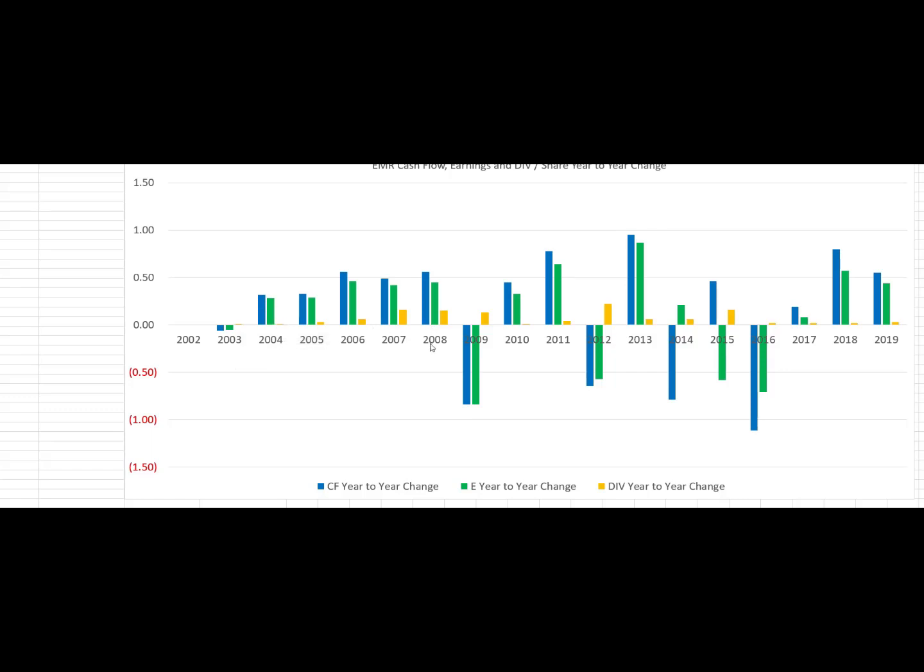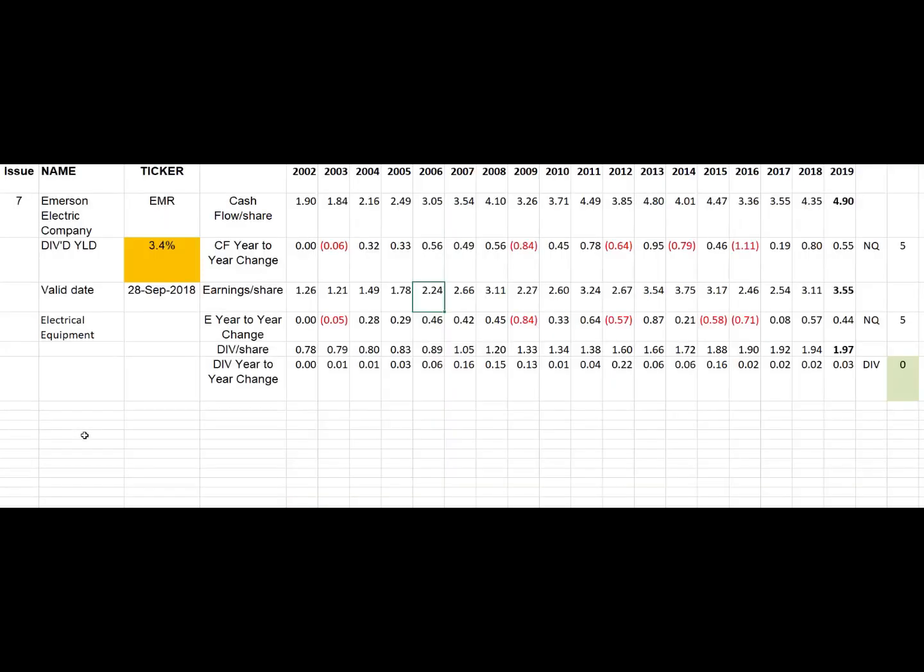They remained positive all the way out to the 2008 to 2009 when cash flow and earnings per share went negative, and the dividends per share remained positive. Now remember, that's the year-to-year change. So EMR makes our list with a 3.4% dividend as a Div 0.